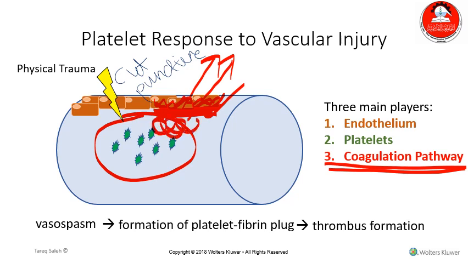Normally, this response is very important for the cessation of bleeding following physical trauma to blood vessels, meaning that thrombus formation is part of a physiological response to vascular injury. The problem is when thrombus is created either excessively or in an unwanted place.